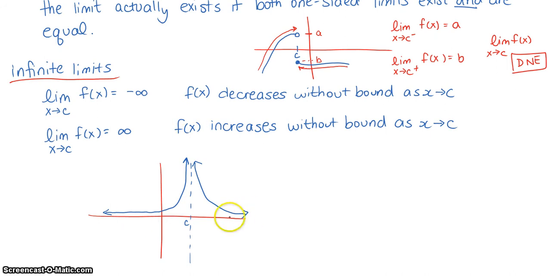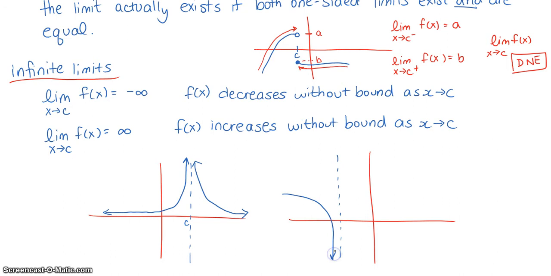So for this particular case, because the left-hand side and the right-hand side are both approaching infinity, we can say that the limit is approaching infinity at C. Whereas, if I had something like this, and we had an asymptote, and this one decides to go down this way, and this one goes up this way, we'd have a left-hand limit that goes to negative infinity, a right-hand limit that goes to positive infinity, but the overarching limit as I approach my C value in this case is undefined because they're not going to the same location.